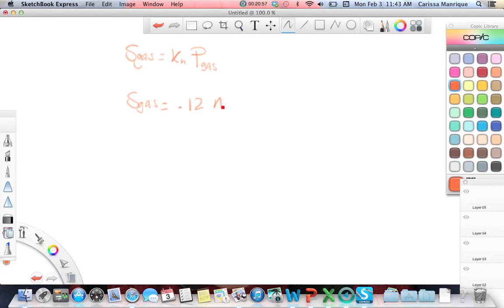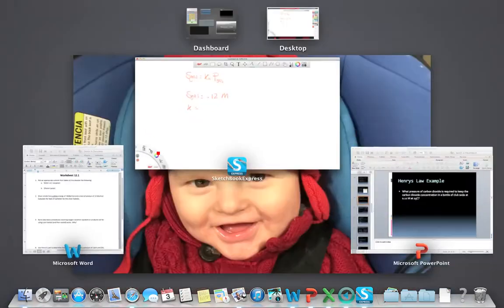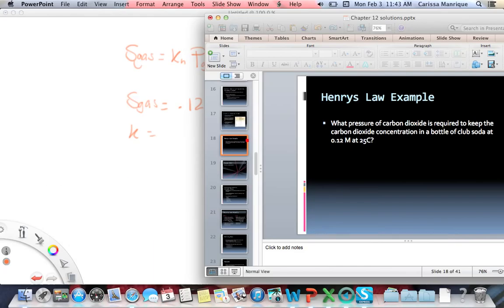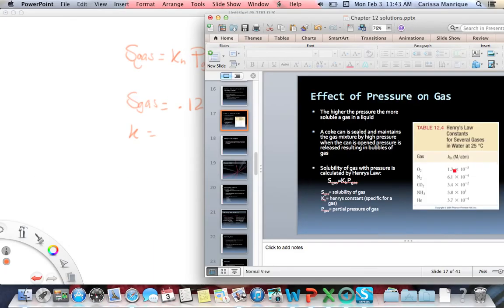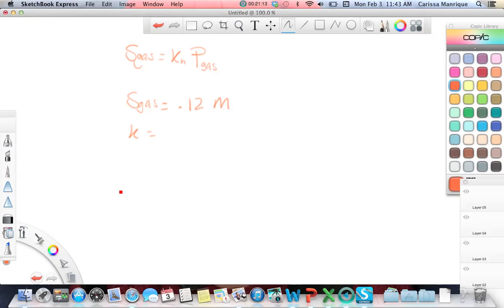And K of the gas, we said, is 3.4 times 10 to the negative 2 molarity per atmosphere. That's for CO2.